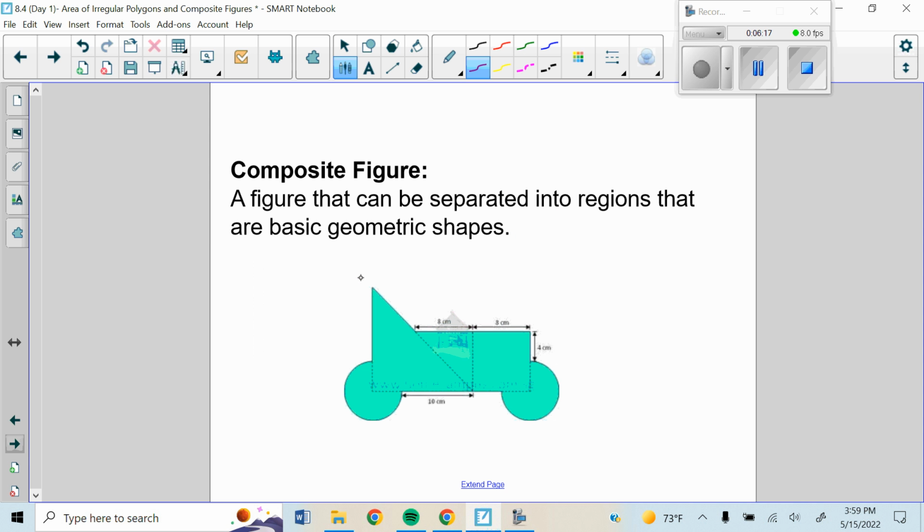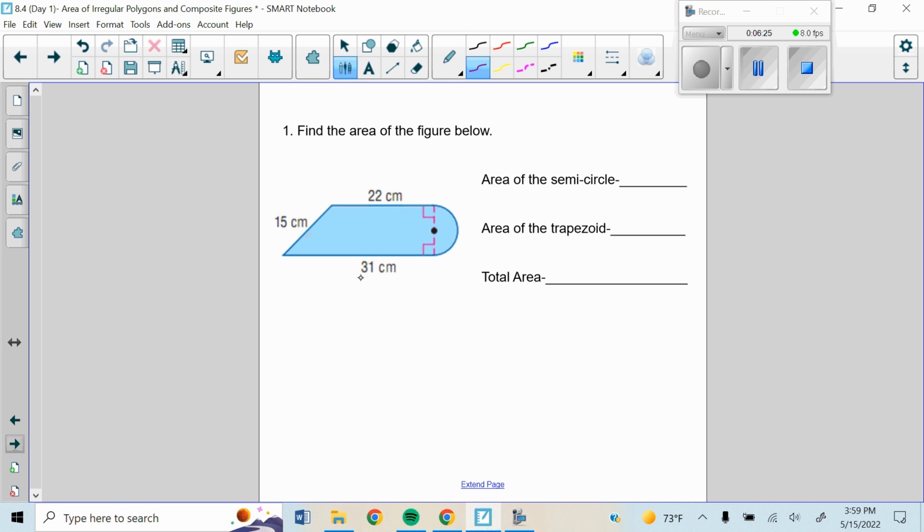All right, composite figure. It's a figure that can be separated into regions that are basic geometric shapes. So here's an example. We start here and I tell you what I want you to break it up into, a semicircle and a trapezoid. So for the semicircle we need to find our radius and diameter, and that we can transfer over here into the height because we need the height for the trapezoid also.